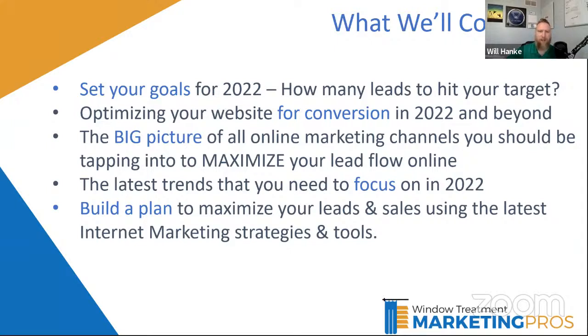So we'll talk about some things you can do there. Some big picture online marketing channels you need to make sure you're paying attention to in the coming year, and some of the latest trends that you need to focus on. And we're actually going to build a plan today that will help you really maximize everything that you can take advantage of in the coming year.